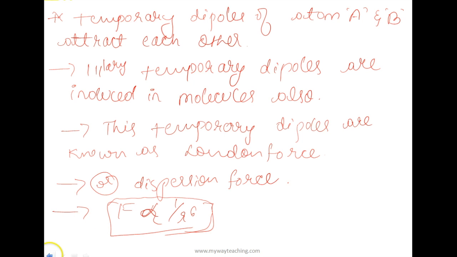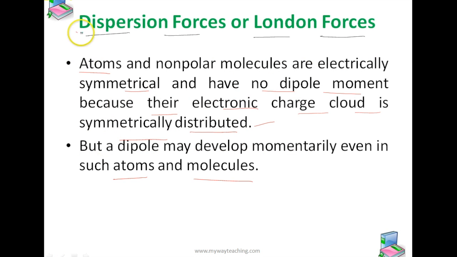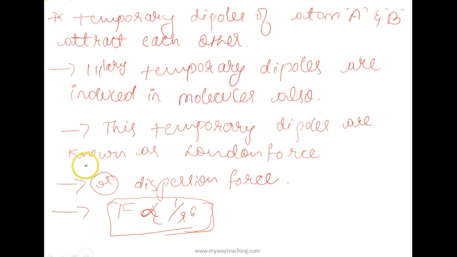Okay, so just a glance on this topic. What do you mean by dispersion forces or London forces? This is just like an introduction. After that, you can explain what you mean by London forces.